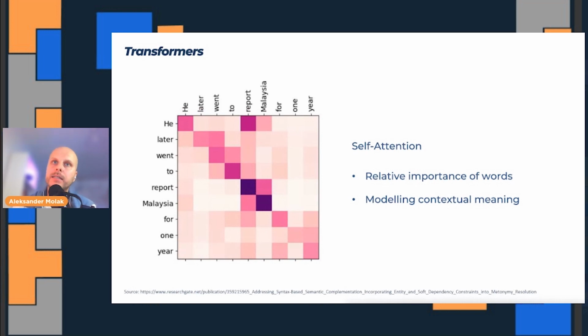The second thing is that self-attention allows us to model contextual meaning. What does it mean? In linguistics, we sometimes talk about polysemy, which means that we can have the same term with two different meanings. One example: you can say, hey, yesterday I went to the bank to pick up my new credit card.